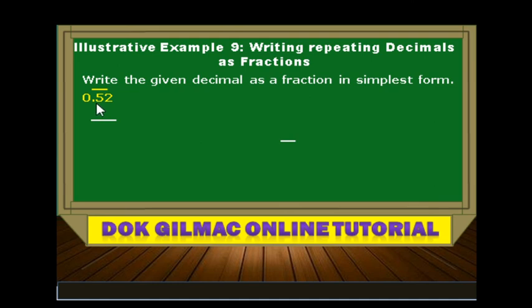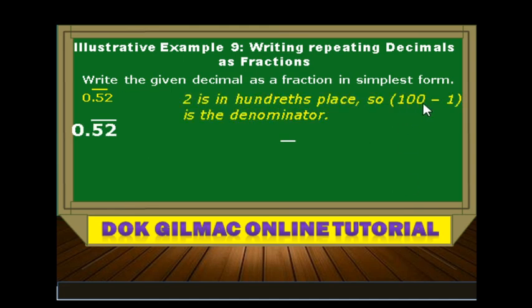Take note, 0.52 is a repeating decimal since we have here a bar notation. 2 is in the hundredths place. So you just subtract 1 from 100. So 100 minus 1 is 99. You take that as your denominator, and the numerator is simply 52.